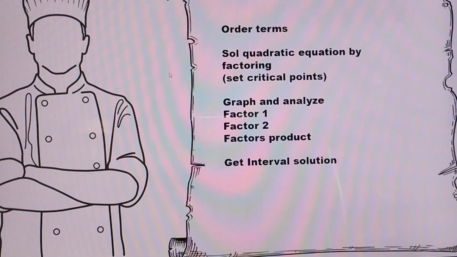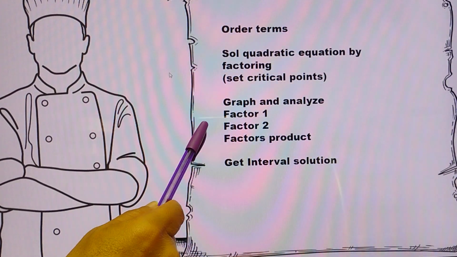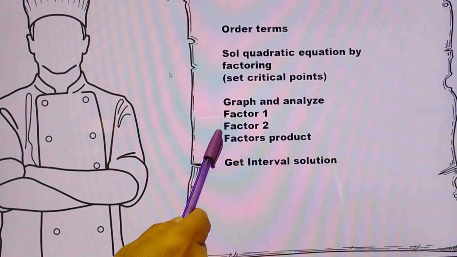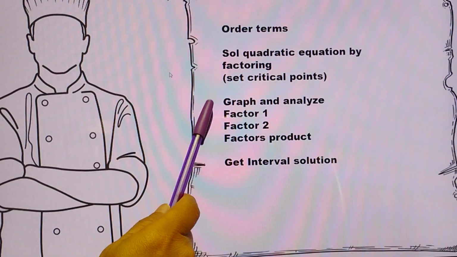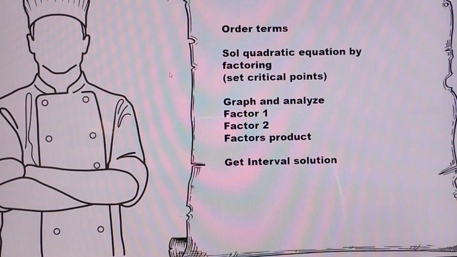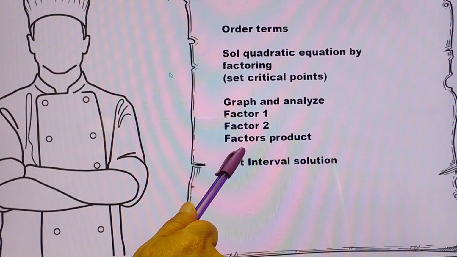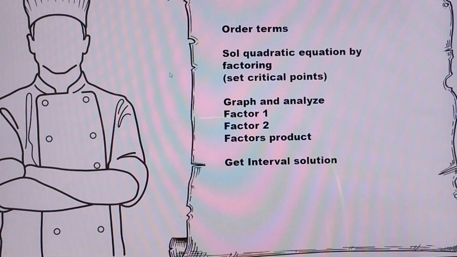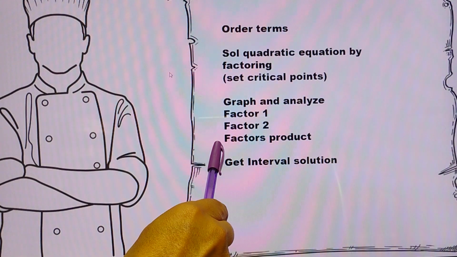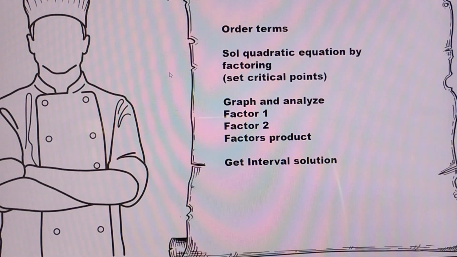After the critical points, we are going to analyze using a graph the first factor, the second factor, and the product of those factors, because the product of those factors is exactly the original inequality. And from this analysis, we get the interval solution.